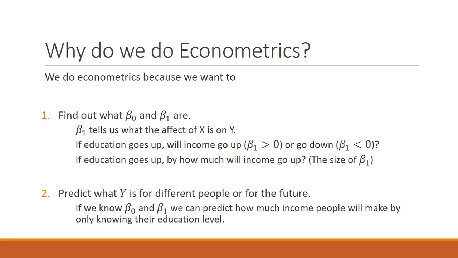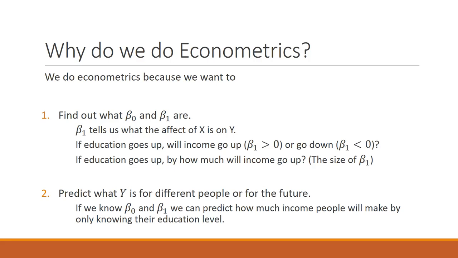But if instead it went down, so that is beta 1's negative, so that is having access to insurance implies that you have lower disease burden. That means you get sick less often. Well, that's good to know. Then, okay, we really want people to have health insurance. And we might want to know the size.